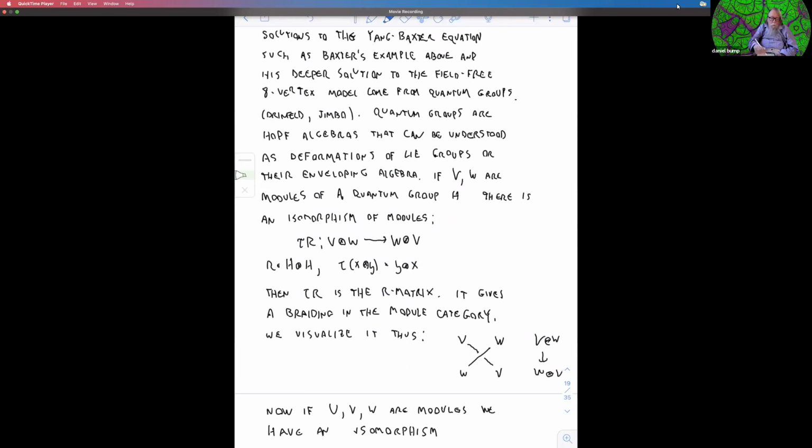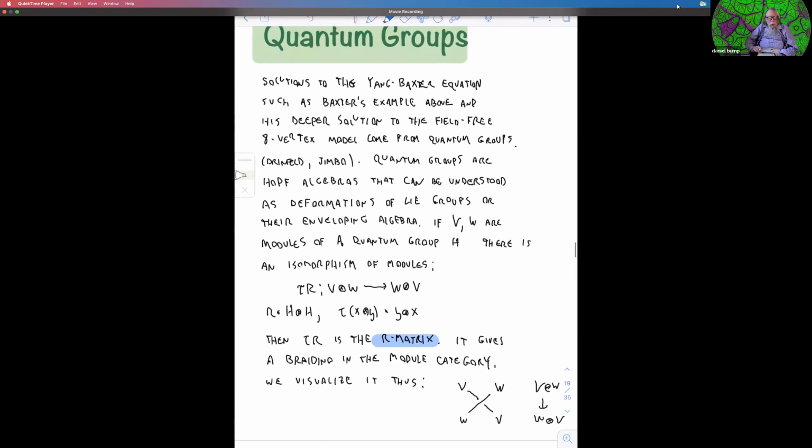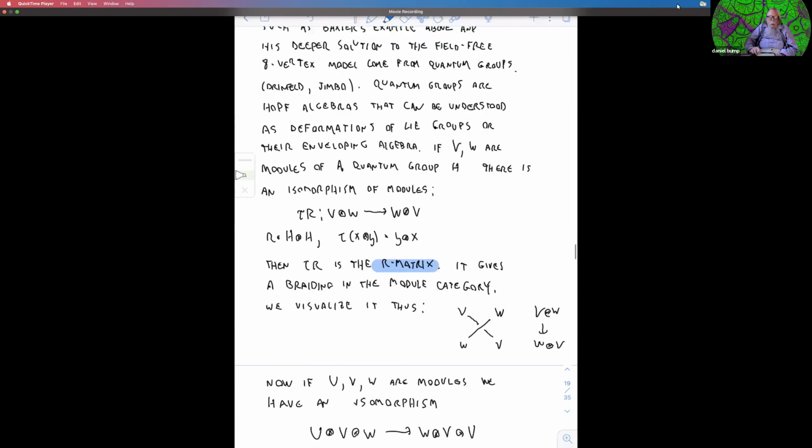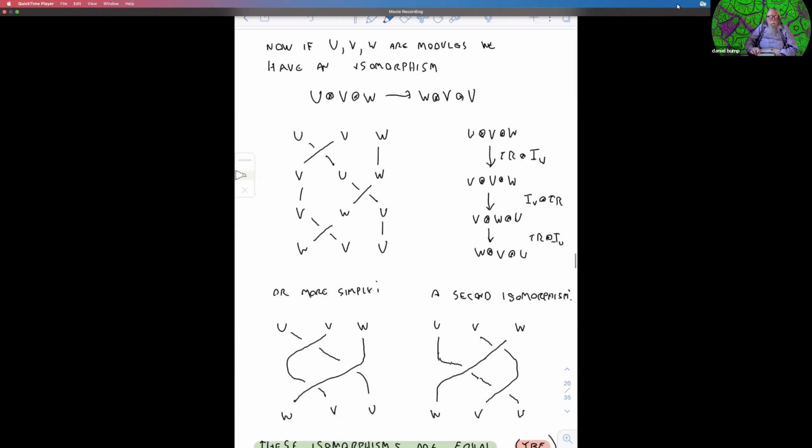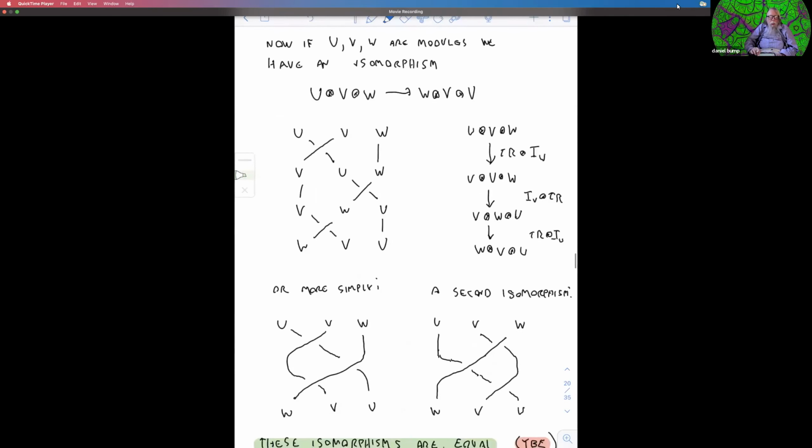So this is related to the vertex V double prime, which I introduced earlier. So anyway, it gives a braiding in the module category. So the module category becomes a braided monoidal category. I won't define that, but I'll give you an example of the implications. So I could go from U tensor V tensor W to W tensor V tensor U in two different ways.